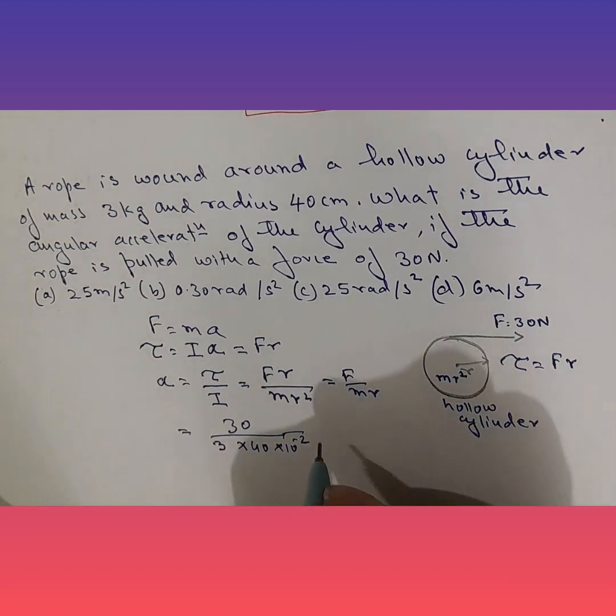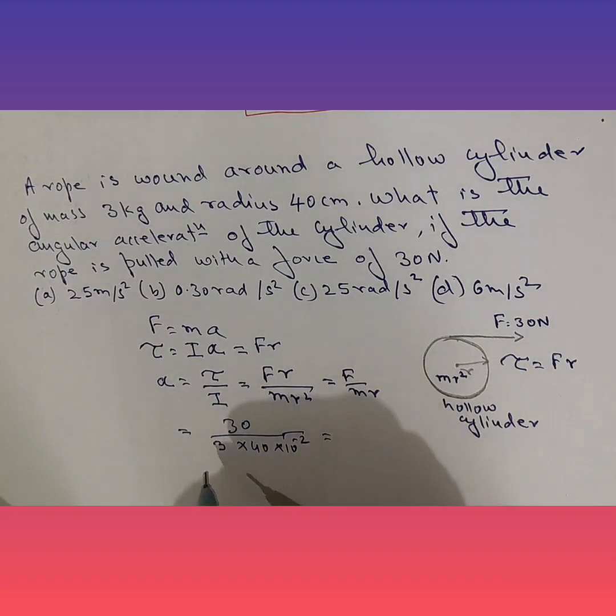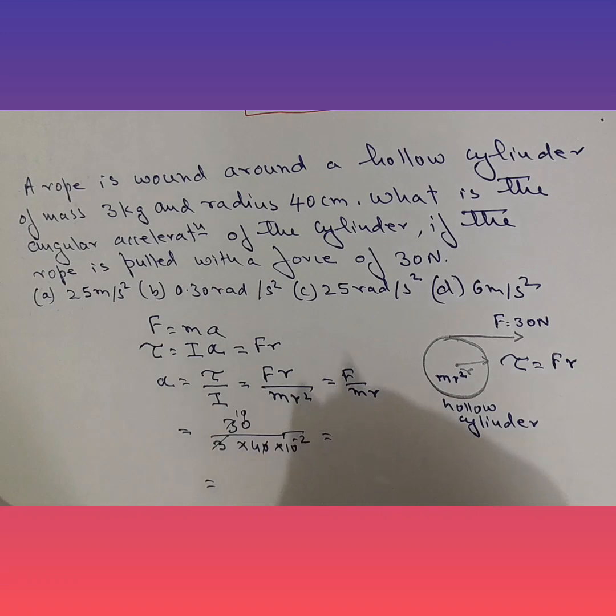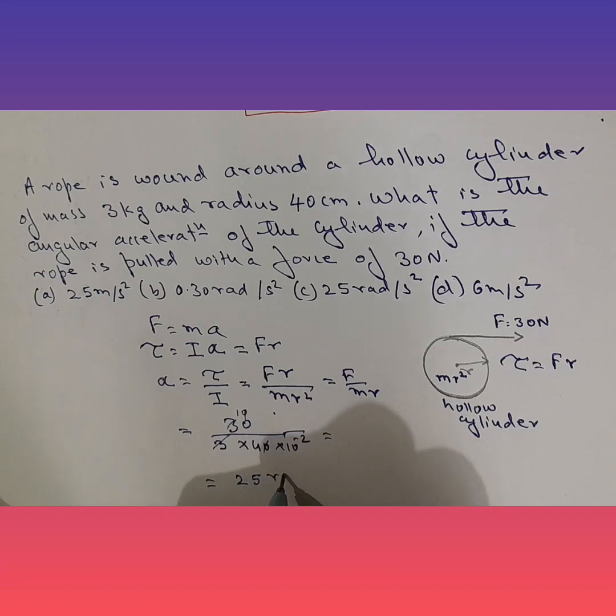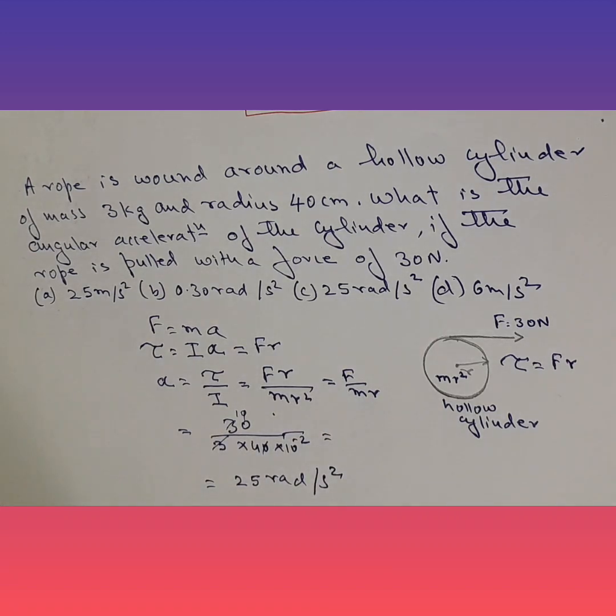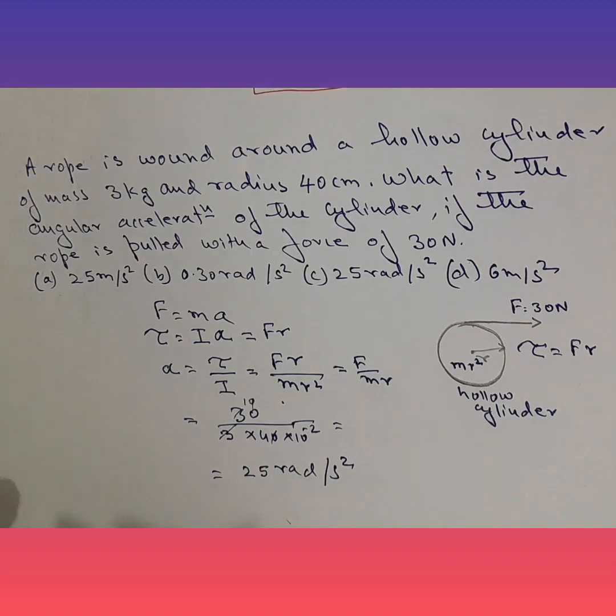Alright, so this would be equal to, obviously this goes away, forms 10, then this can go up there, so we would be having 100 over 4, that is 25 radians per second square. Alright, so the option would be C.